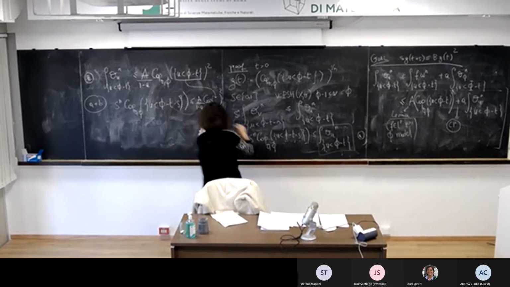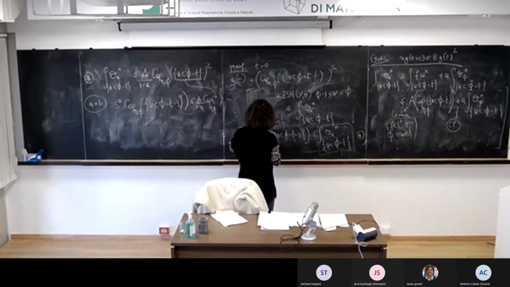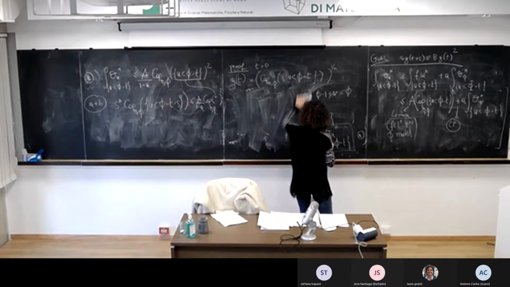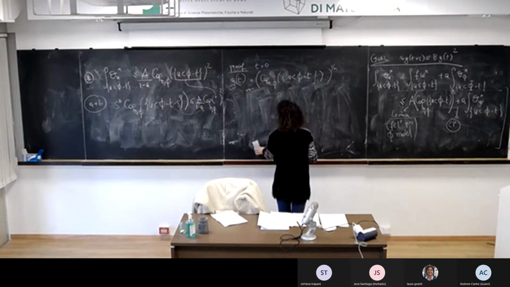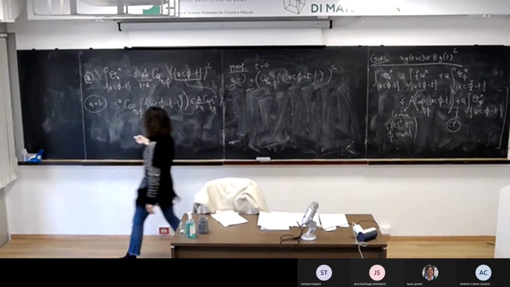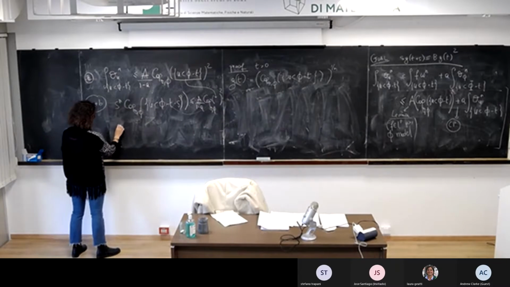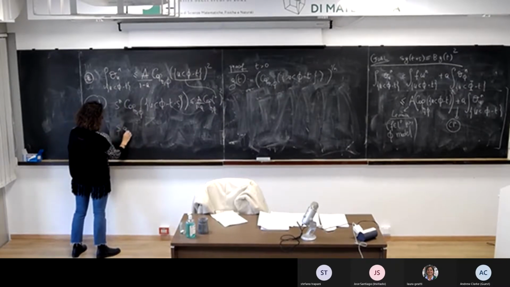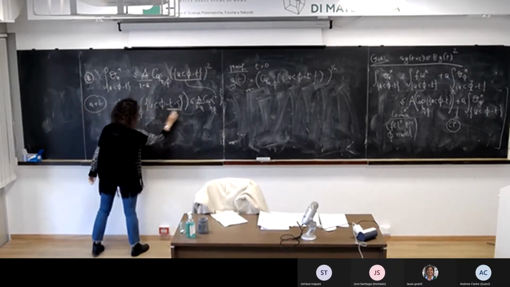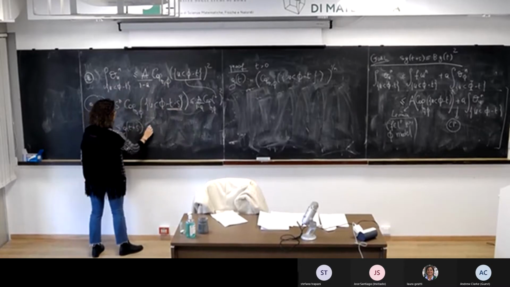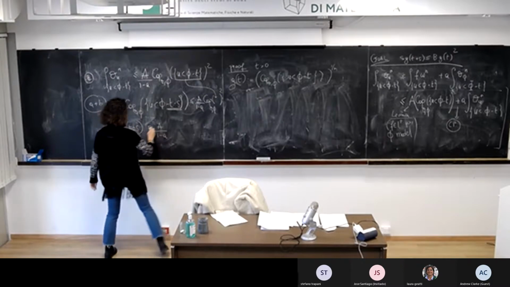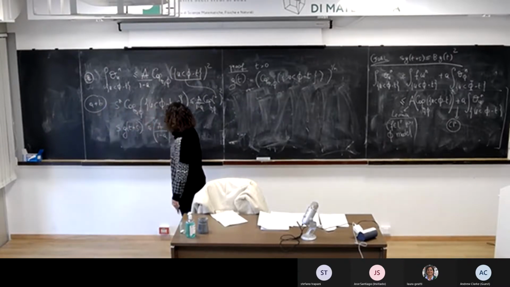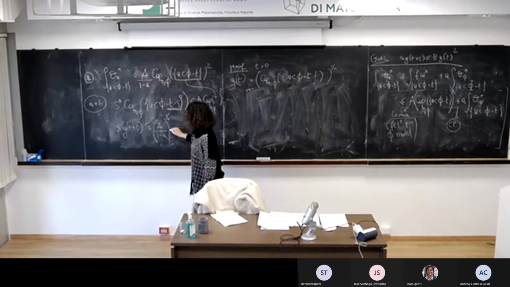So now if we rewrite things in terms of G, we prove that G of t plus s is less or equal than capital A divided by 1 minus small a, to the power 1 divided by n, times G of t.